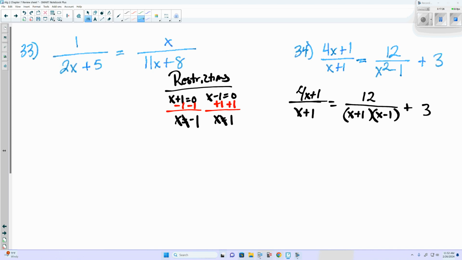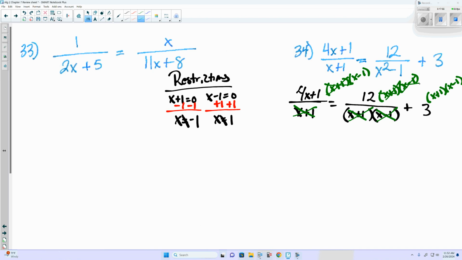Now, what do we need to multiply the whole thing by to solve? Well, x plus 1 and x minus 1. In our far left one, the x plus 1 and x plus 1 would cancel. In the middle, we would have the x plus 1 and x plus 1, and x minus 1 and x minus 1.